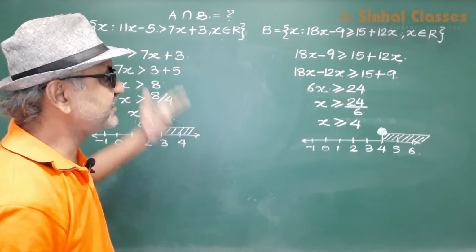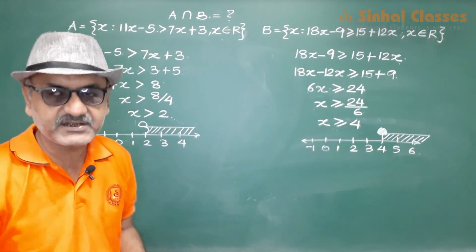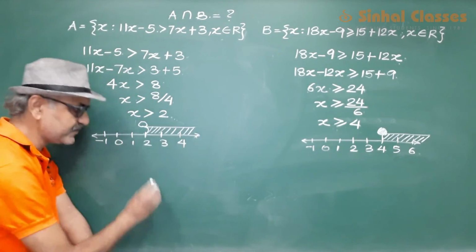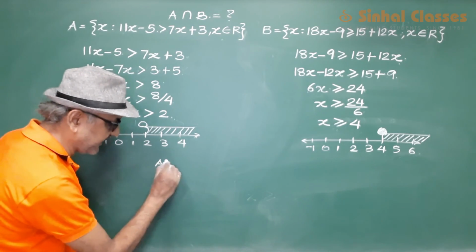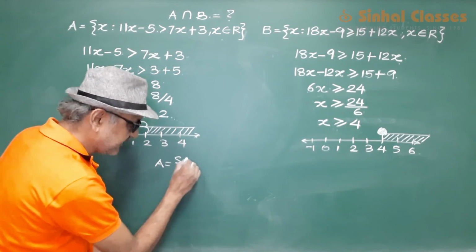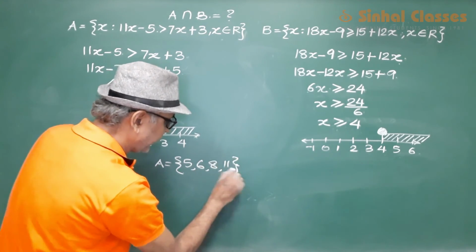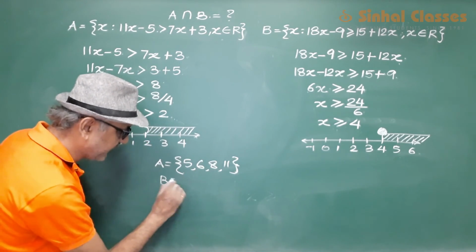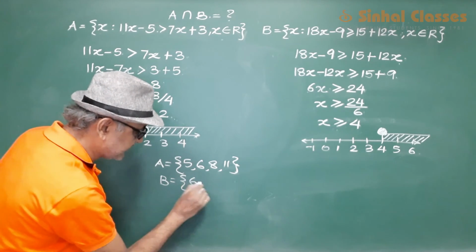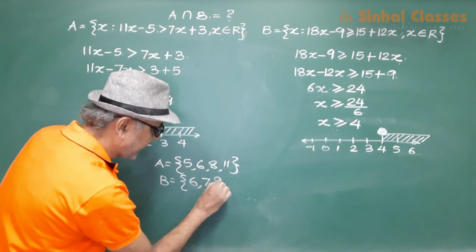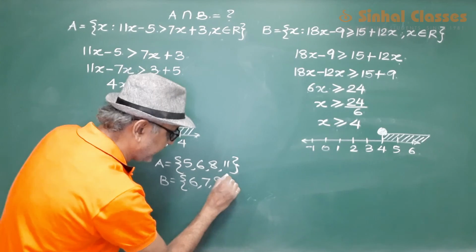Now intersection means what? Suppose you have a set A which is 5, 6, 8, 11, and then you have a set B which is 6, 7, 9, 11.